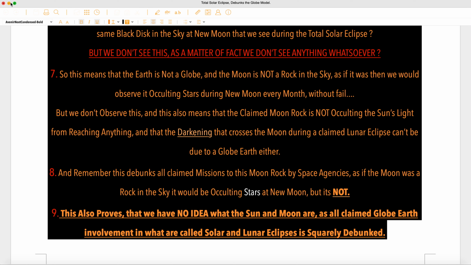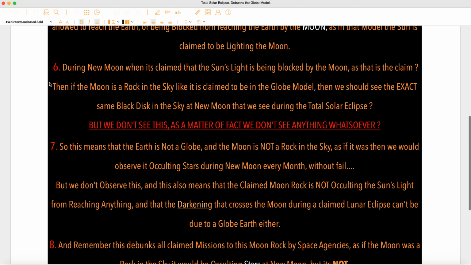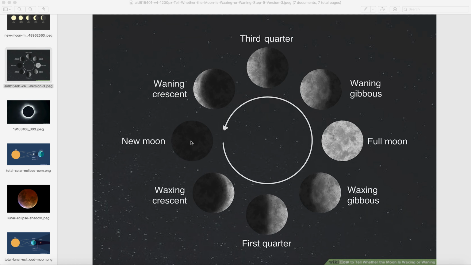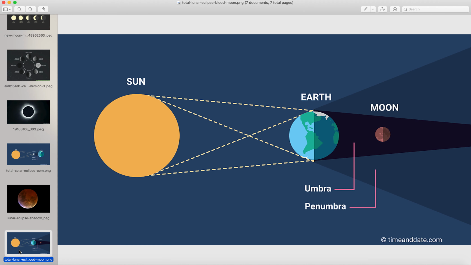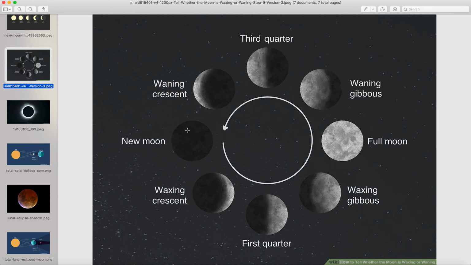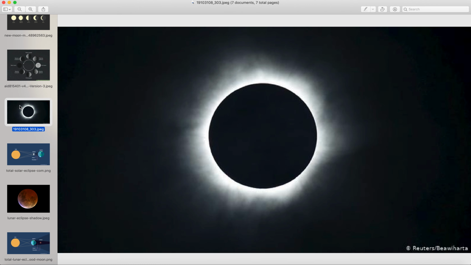So there is no such thing as a lunar eclipse. It doesn't happen, because it would be occulted. We would see this, with the exception of this bright light around the back of it. We'd see this black disk that we should be seeing every month at new moon, that we do see during a total solar eclipse.